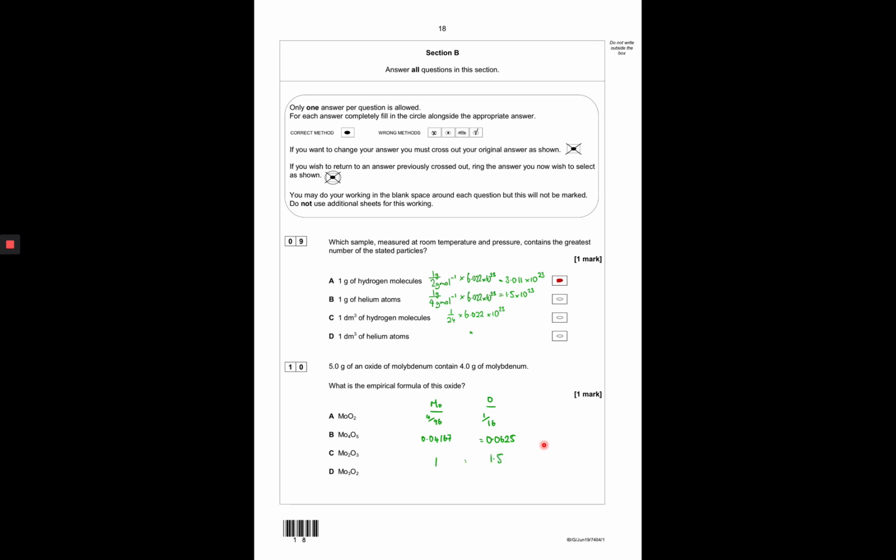If you get a half or a third or a quarter, you have to multiply them so you've got whole numbers. So we've got 1 to 1.5, so we multiply them both by 2 to make them whole numbers. So we get 2 to 3, so that means it's Mo2O3, so it's C.